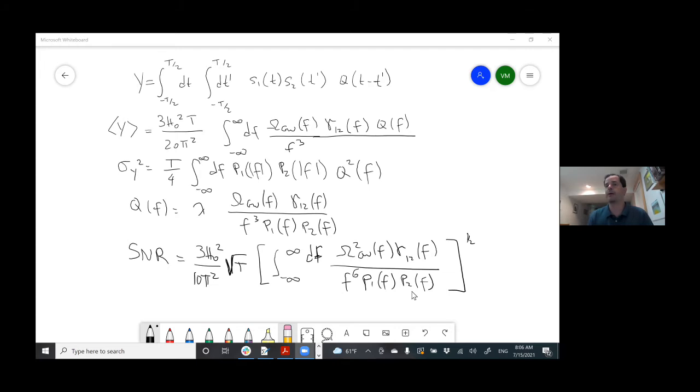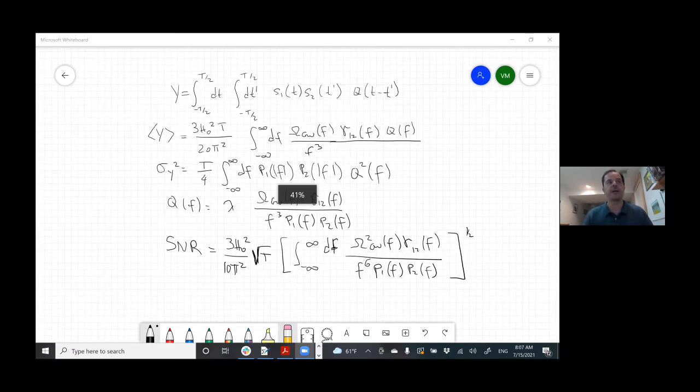This includes, for example, the low frequencies where the seismic noise dominates, very high frequencies where we're losing due to the laser shot noise, as well as various narrow frequency bins where, for example, we may have the 60 hertz pickup. This is the power mains, or the various calibration lines that are used to track the performance of the detectors over time, and so on. So in the end, this choice of the optimum filter allows us to pick out the frequency bins that are the most sensitive and weigh them more than others.